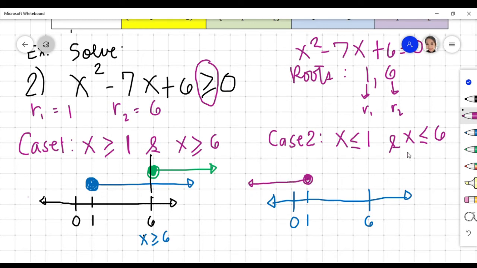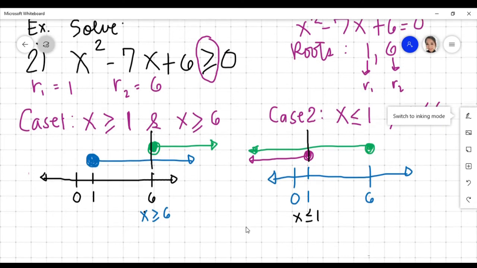And x less than or equal to 6. Above 6, we will put a shaded circle and it will move to the left. So where do they intersect? On this portion they intersected and it continues to the left side. So their intersection is the part where x is less than or equal to 1.